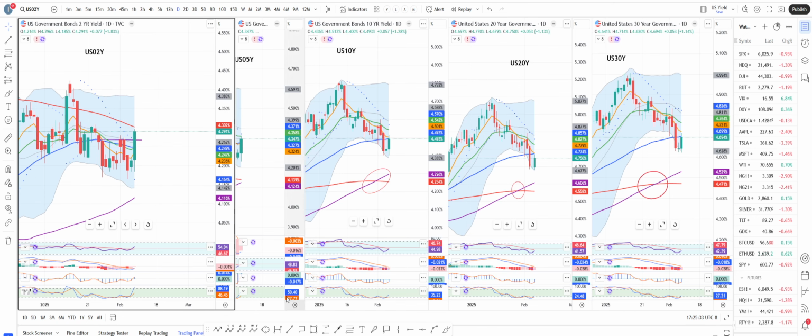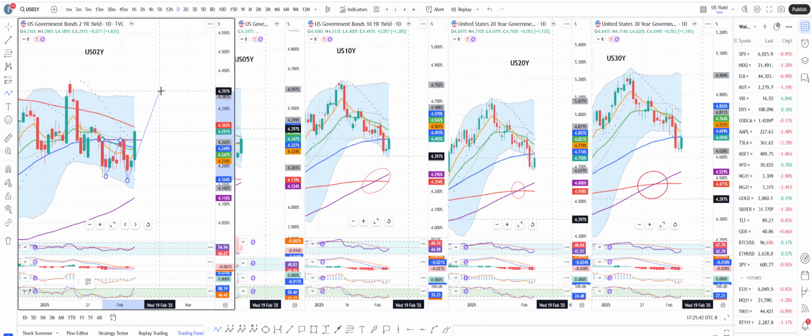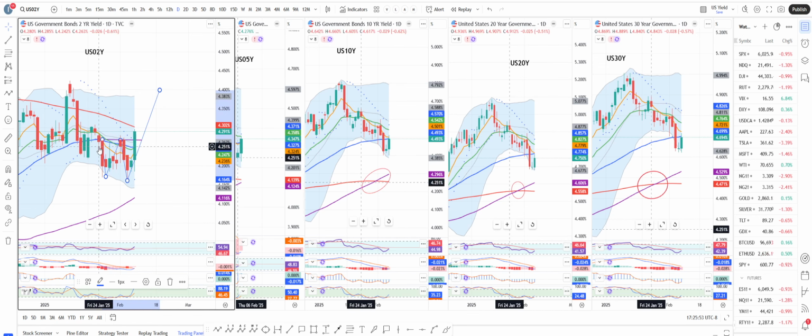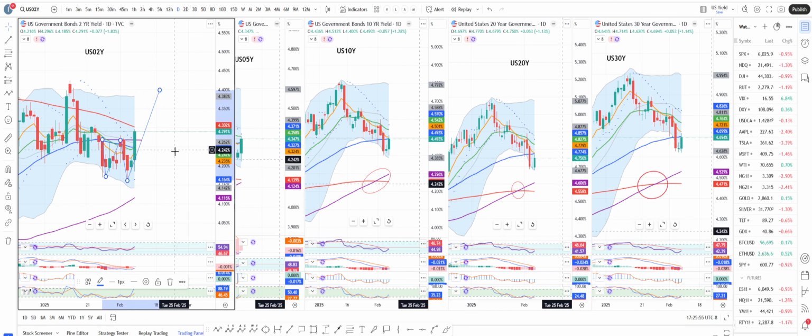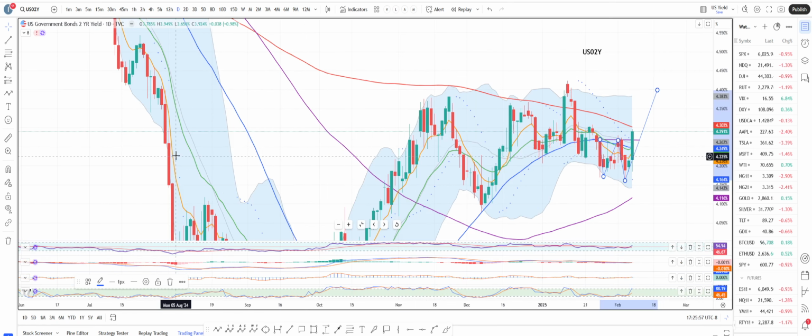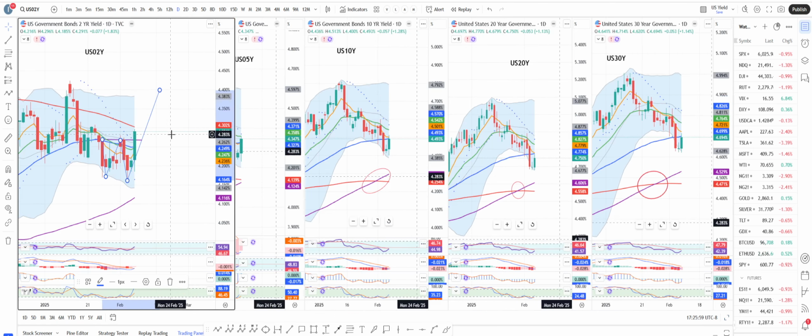If this is confirmed next week, then we are going to see quite a move here. So this would be the formation, and we would see that the rates will go almost immediately to 4.4 or even higher, depending on the next formation that is going to be done here. This is the biggest concern right now.